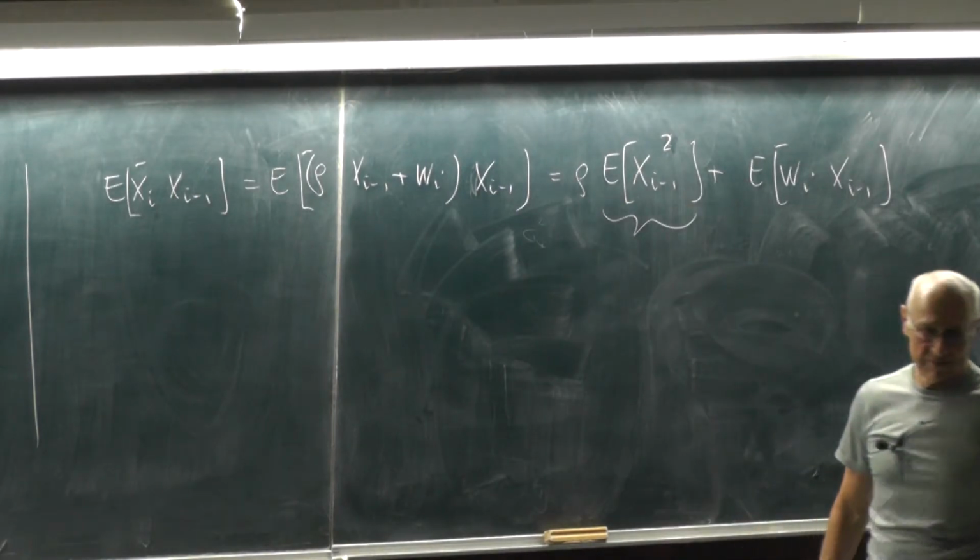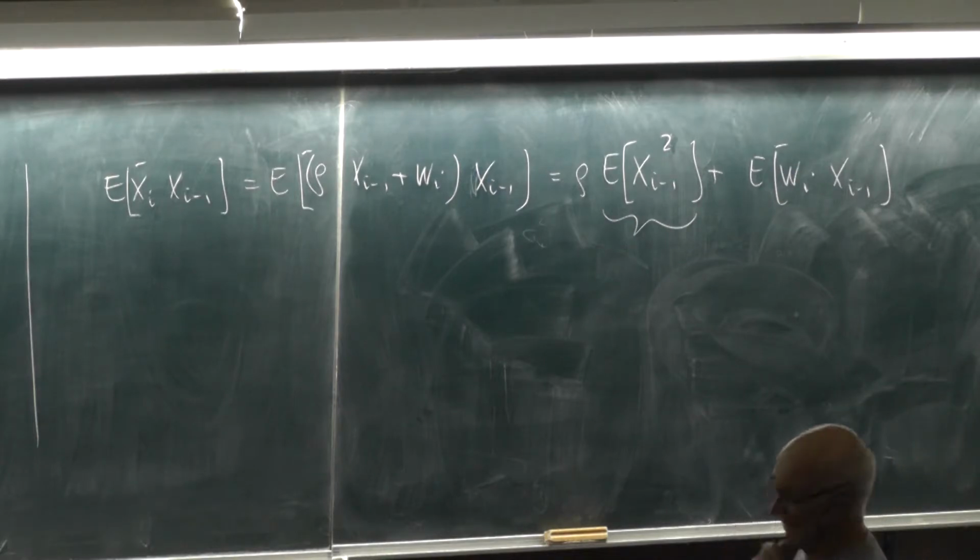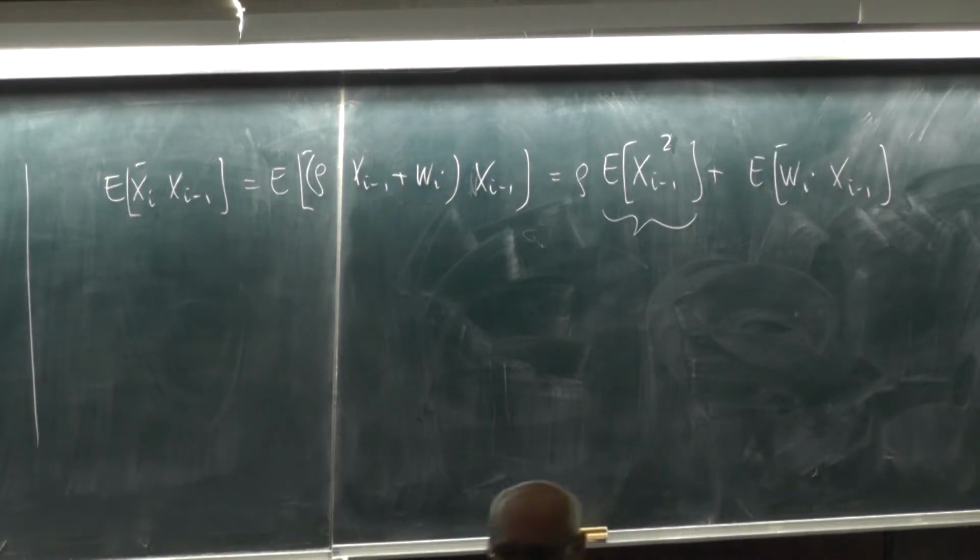What is this? Not so fast. It's a mean, a variance, or what it is? It's a variance, right? Why I'm saying it's a variance? Because the mean is 0 everywhere, right? So it's a variance at time i minus 1.